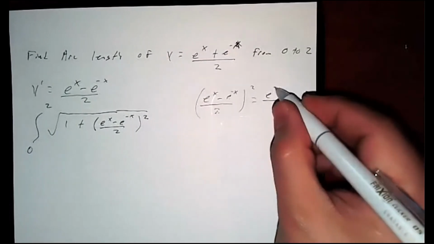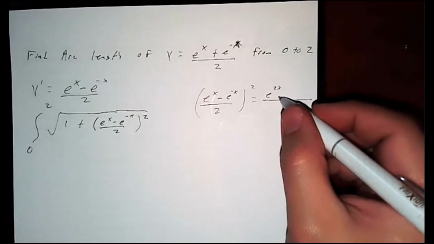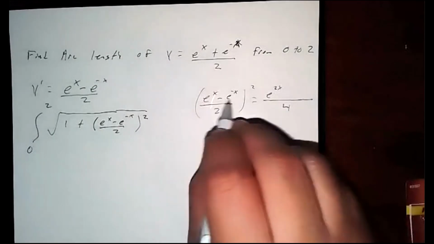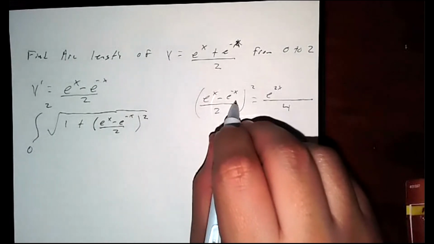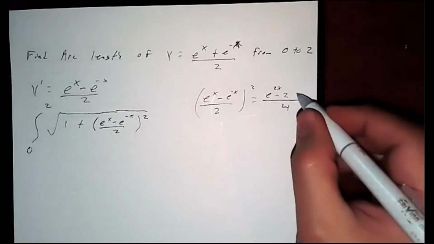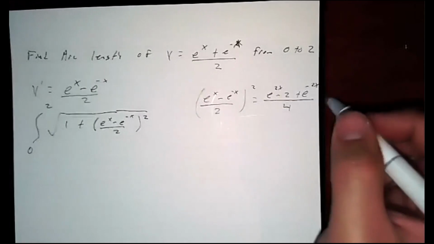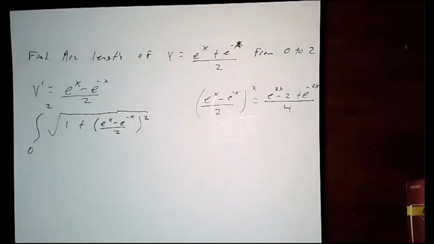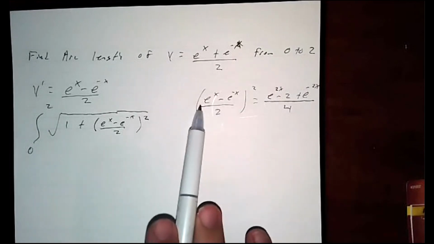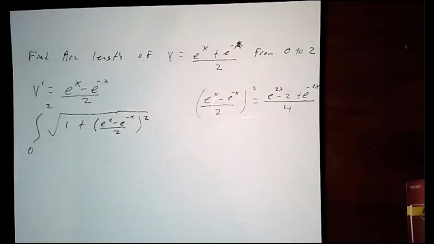This would be e to the 2x, e to the x times e to the negative x would be 1, so minus 2 plus e to the negative 2x. Interesting. Okay. Not very pretty, but there it is.